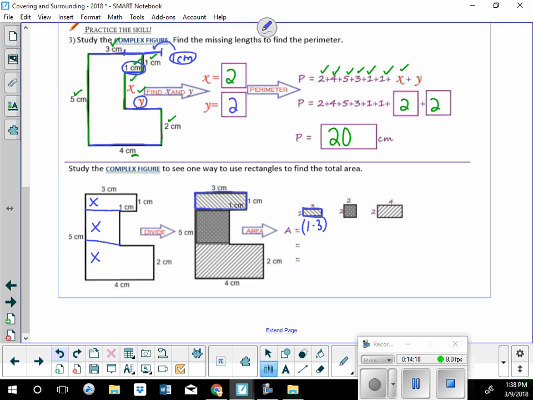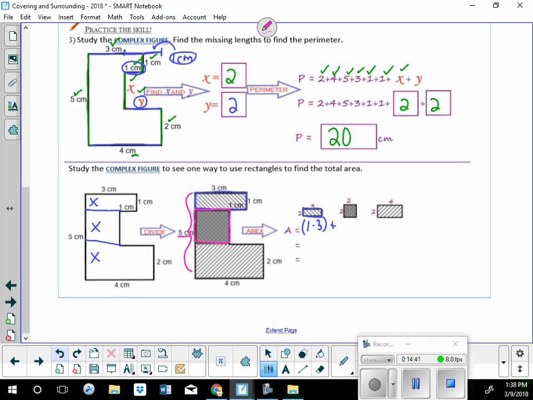I'm going to add it to my next section here. Now, yes, I do have 5 right here, but that's the distance of this whole side, not just that section. So I have to make sure that I only do the part that I am looking at.